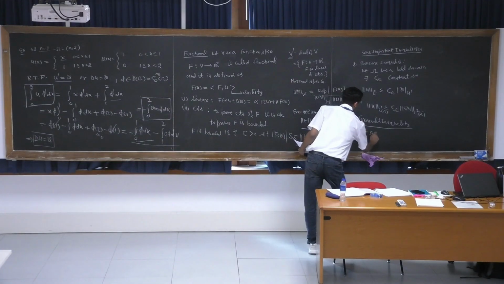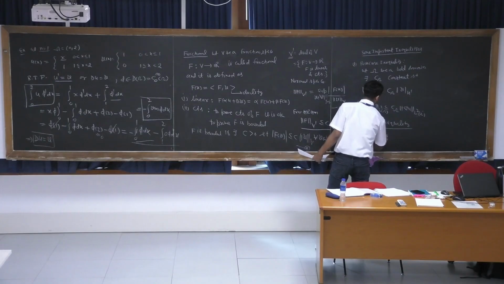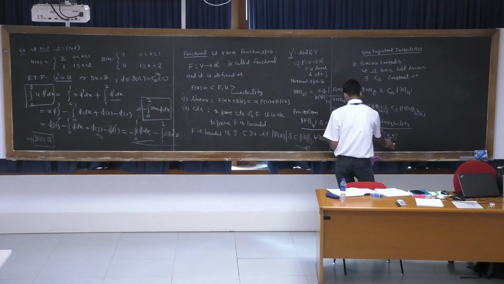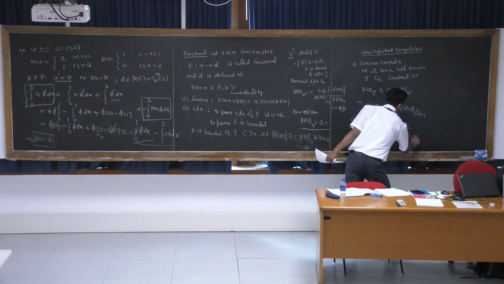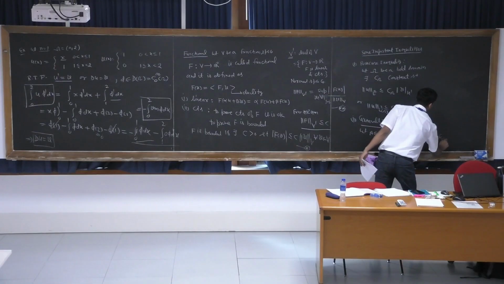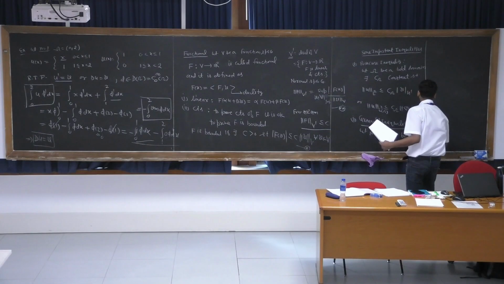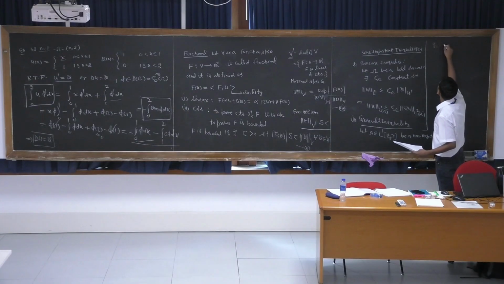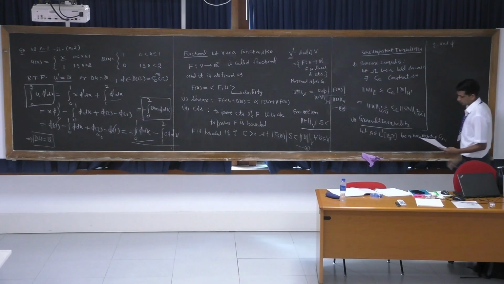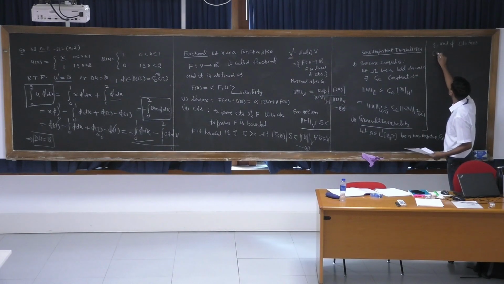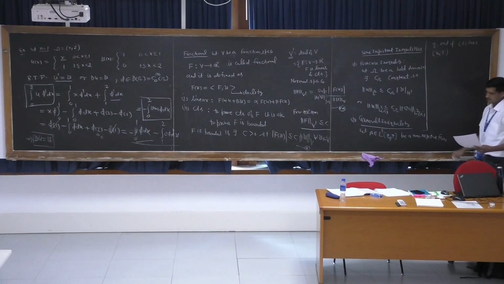Let a belong to L1 of t naught to capital T. This is an interval here. a belongs to L1, an integrable function over this interval, and is a non-negative function, and g and phi are two continuous functions over the interval.